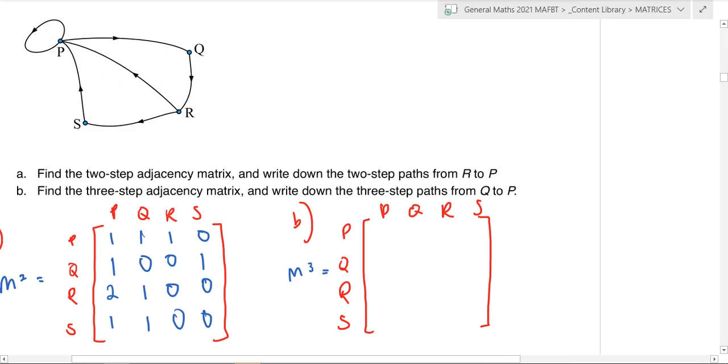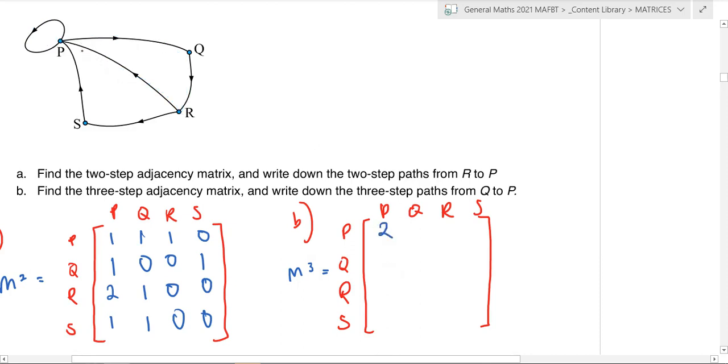You can also go 1, 2, 3. There's another 3-step. So from P to itself, you have to start at P and end at P, there's actually 2 of the 3-step paths.